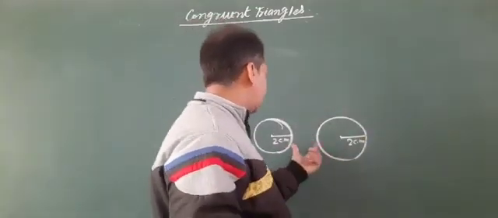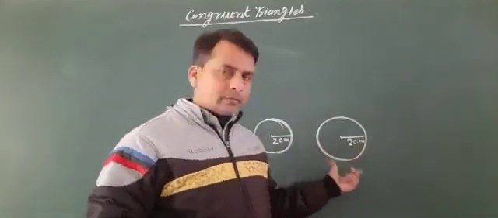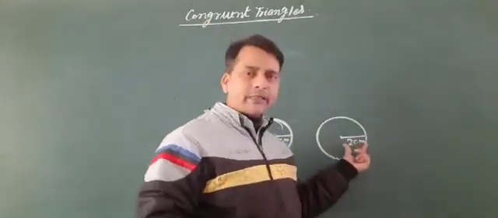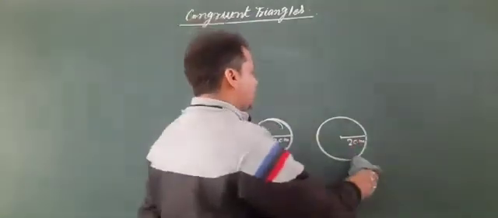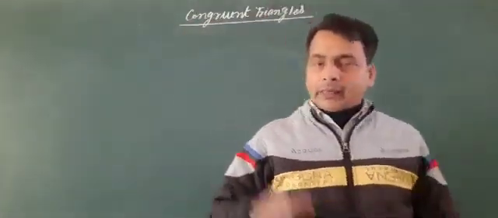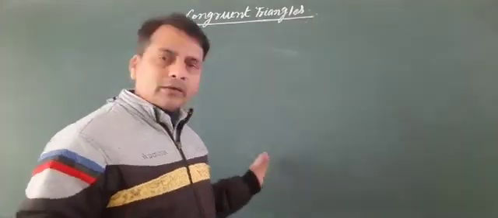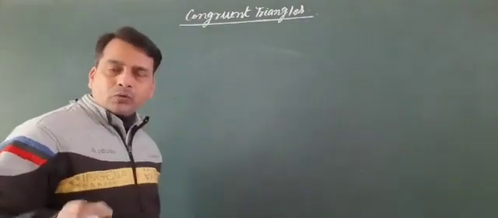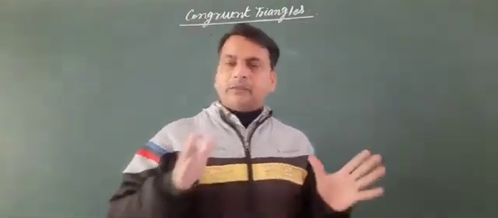So they are said to be congruent because the shape of both figures is a circle, and the size, meaning the radius, is the same. The radius of both circles is 2 centimeter. So it is called congruent. If two or more circles are given with the same radius, then all the circles will be congruent.